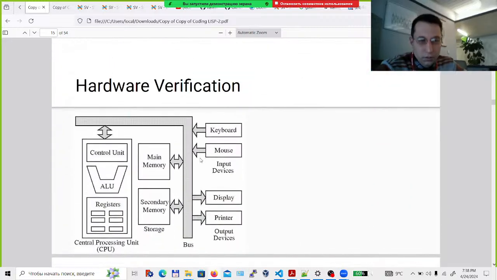Okay, so here, as you can see, we have some kind of CPU architecture. There are a lot of digital blocks like the control unit, which is just a digital function with zeros and ones. We have some kind of memory, we have some secondary memory, we have some peripheral devices, ALU, arithmetic logic units, registers, etc. Just standard stuff, and all of this you can simulate, embed inside ACL2 and formally verify some statements about this.